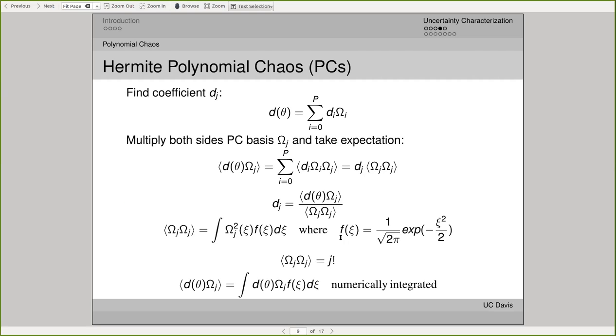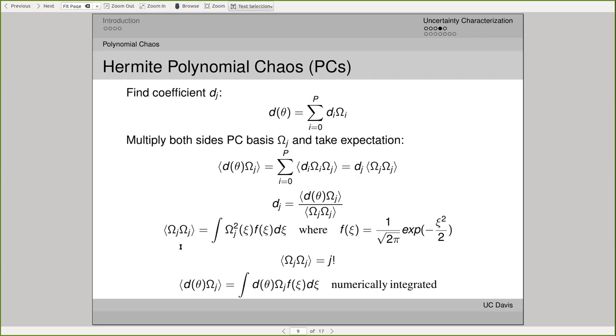So now, how do we find the coefficients of the Hermite polynomial chaos expansion? We can first multiply both sides by our PC basis omega j, and then take the expectation. Essentially, we are calculating the mean of this product. And because of the orthogonality, the summation term here will only become a single term where the dummy index i equals the index j, and from that we can calculate the coefficients d_j by such a formula.